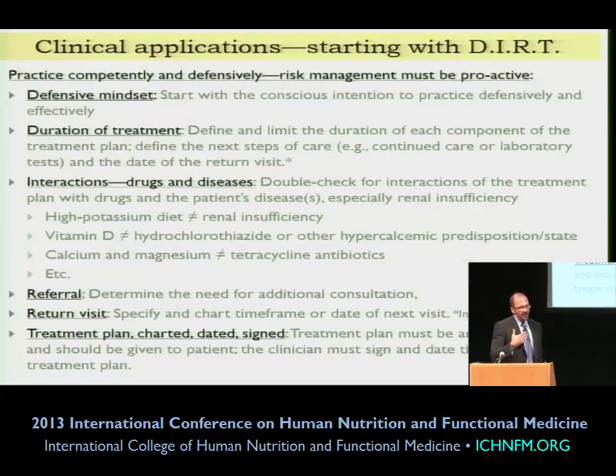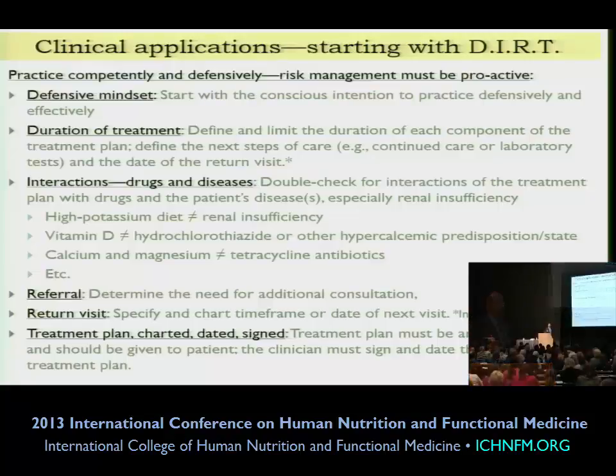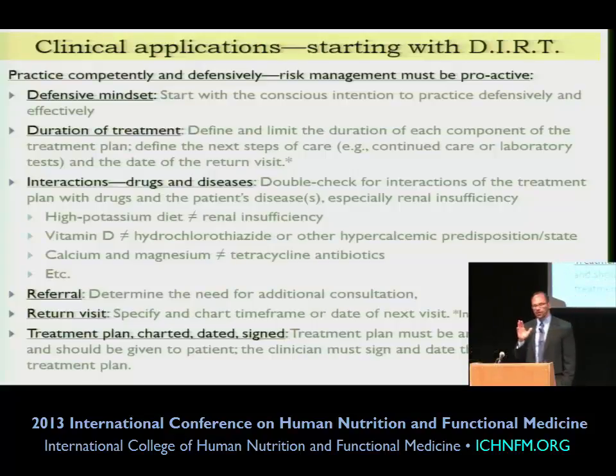I also created this one last year called DIRT, which is about risk management. So it stands for defensive mindset, limiting the duration of treatment. For example, is giving someone 300,000 units of vitamin A a reasonable thing to do? Absolutely. Is giving them 300,000 units of vitamin A for 4 years without supervision reasonable? Absolutely not. So a lot of times we do reasonable things, but part of what makes it reasonable is limiting the duration.